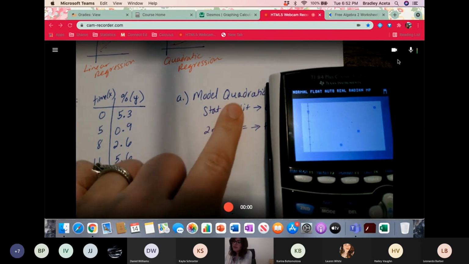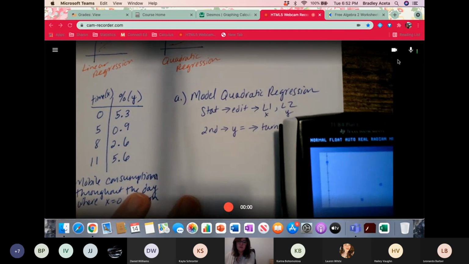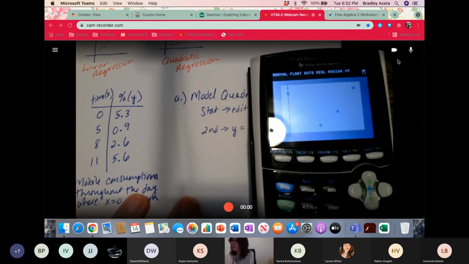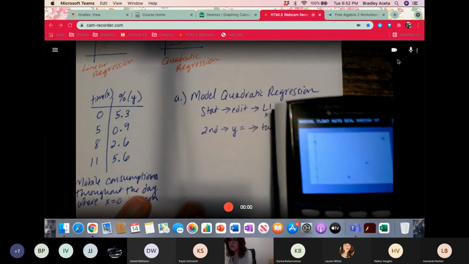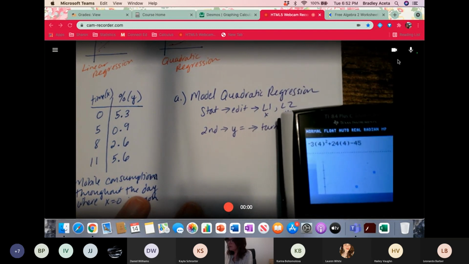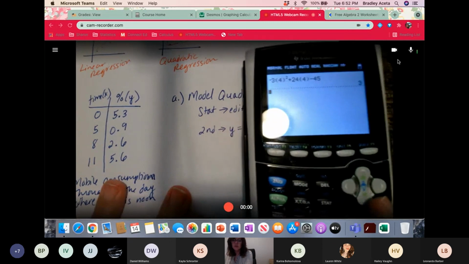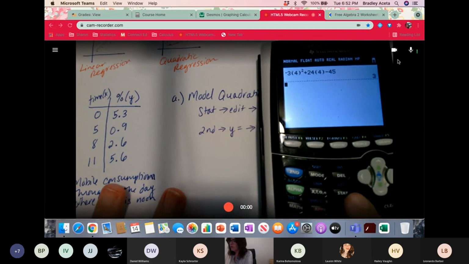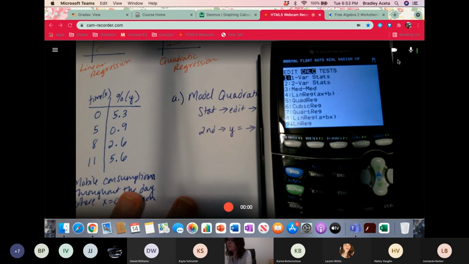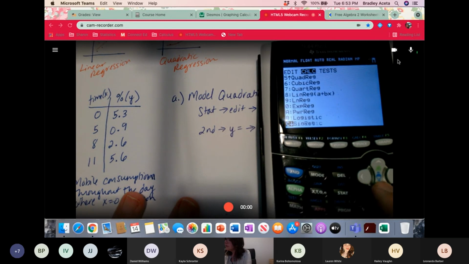Okay, and it asked us to model a quadratic anyway, so we're going to do the quadratic regression right now. The way that you do that is we're going to go back to the home screen, second quit, go back home. And again, I'll show you what I'm typing. I'll write it out for you in a minute. You're going to go back to stat, over to calc, and then scroll down till you see quadratic.